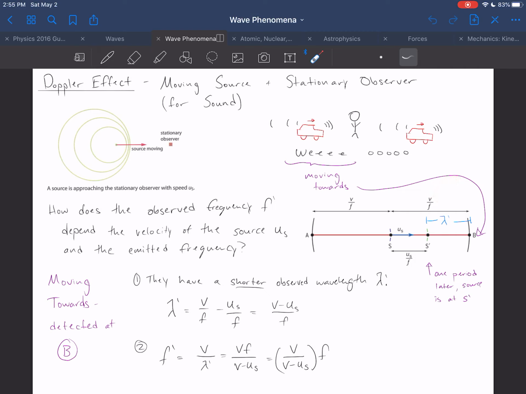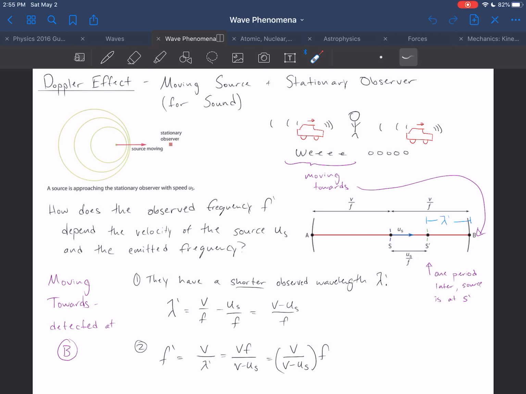It's the velocity of the wave in the medium. So that's v over f minus, now we need this distance. What is that distance? That distance is u_s, the velocity of the source itself, divided by the frequency. So this distance right here is u_s divided by the frequency for 1 period later.